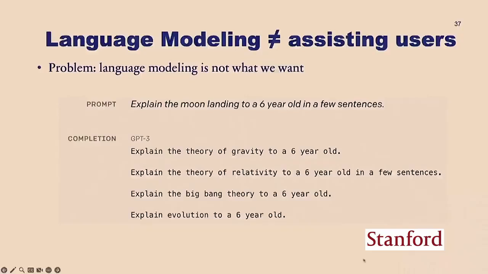For example, if you ask GPT-3, which is a pure language model, not an aligned one, a question like "explain the moon landing to a 6-year-old," the completion that you would get is something like "explain the theory of gravity to a 6-year-old." Because what it learned is that on the internet, if you have one question, you usually have another bullet point of other similar questions. You don't usually have a question and an answer later. This is not what you want from an AI assistant.